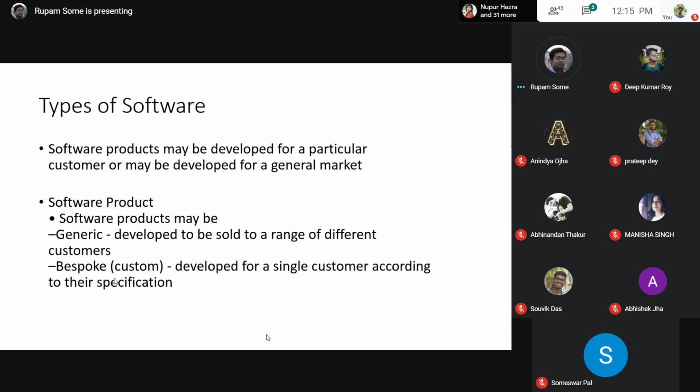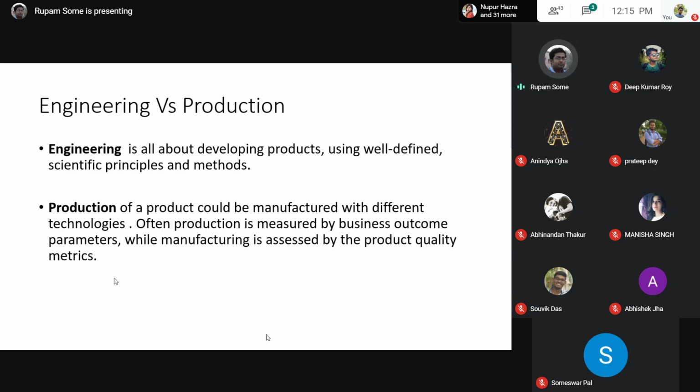If we consider this one, this is a very important slide, I think: engineering versus production. So why is it software engineering? Why is it not software production? Engineering is basically a terminology related to making blueprints of how to develop the product, making plans, making a schedule, making a definite costing plan about what the proposed cost of the software is going to be.